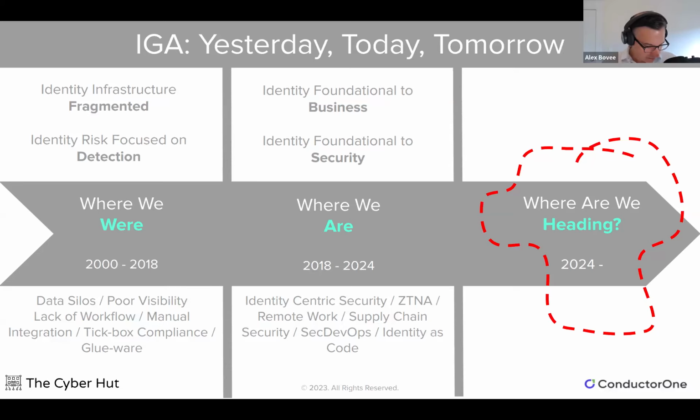So I think where we're heading is interesting, in that there's a lot of goodness we can achieve from having great user experiences, focusing on automation, and focusing on a single source of truth and an inventory around identities and permissions, just as an example.